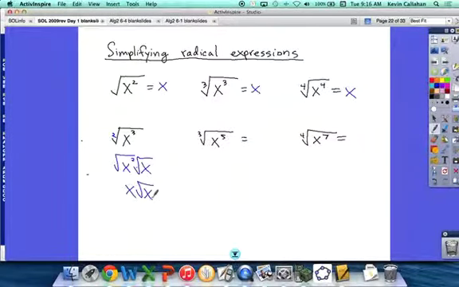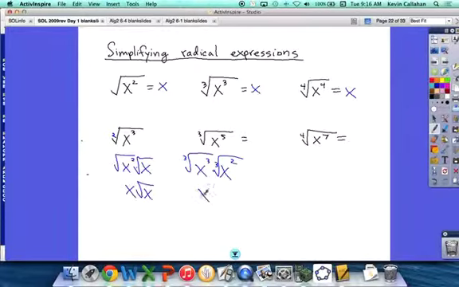How about this one? Is 5 divided by 3, does that go evenly? No. So how could I split up x to the fifth so I get the most simplification? X to the third times x squared, right? Properties of exponents. 3 plus 2 is 5. Now you take the cube root of both of them.